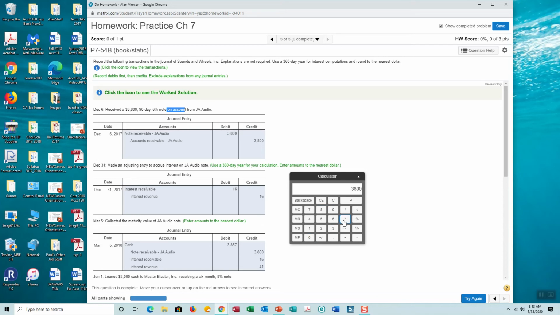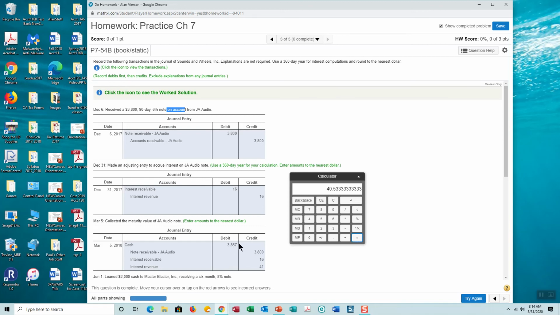That's 3,800 times 0.06 times the days to March 5th: January's 31 days, February's 28 days, and then March 5th, which I think is 64 days. Rounded off, it's $41.